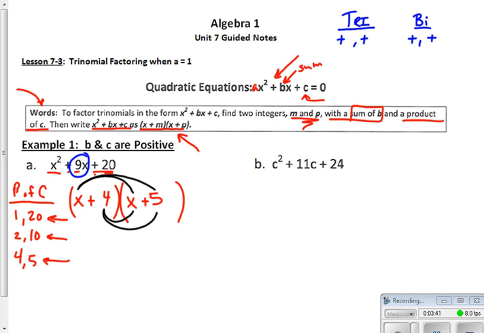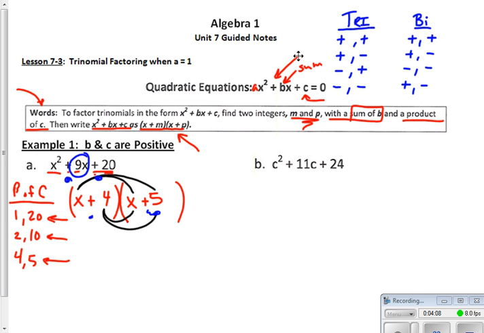So if you look at that first example, we have plus plus, and the binomial is plus plus. If the trinomial is plus minus, your binomial is going to be plus minus. If your trinomial is minus plus, your binomial will be minus minus. And if you have minus minus as a trinomial, you will get plus minus.